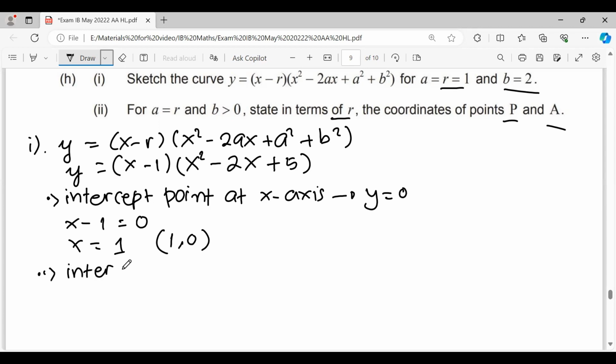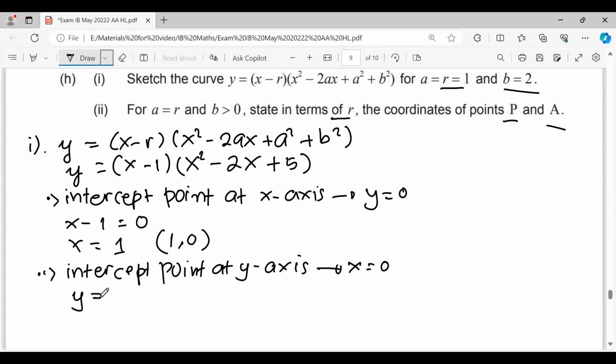The intercept point at the y-axis happens when x equals 0. When x equals 0, y equals negative 1 times 5, negative 5. So (0, negative 5). So we are going to sketch.